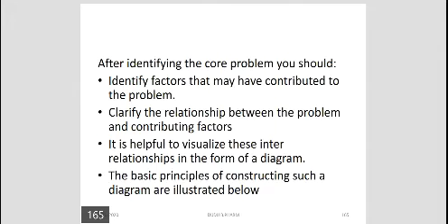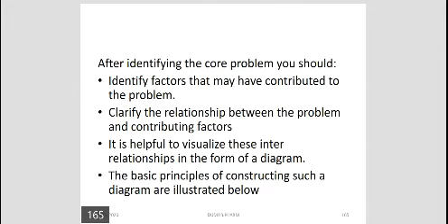Okay, now the problem is COVID-19, an infectious disease caused by a coronavirus. Now, identify the factors that have contributed to the problem. Now, we have so many factors.